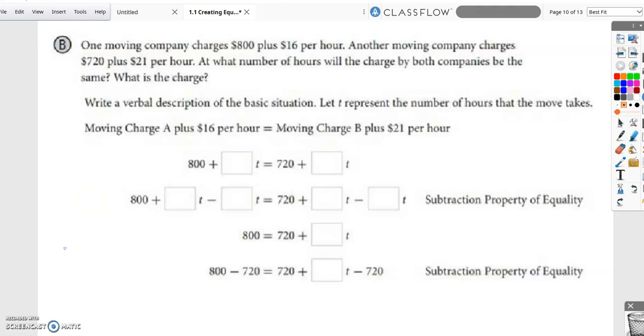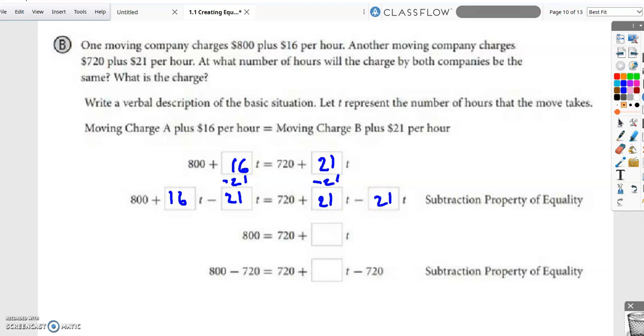Okay, so we have 800 and it's $16 per hour. 720 and it's $21 per hour. Okay, so 800 plus 16T, we subtract 21T from both sides, so that gives us 720 plus 21T minus 21T.